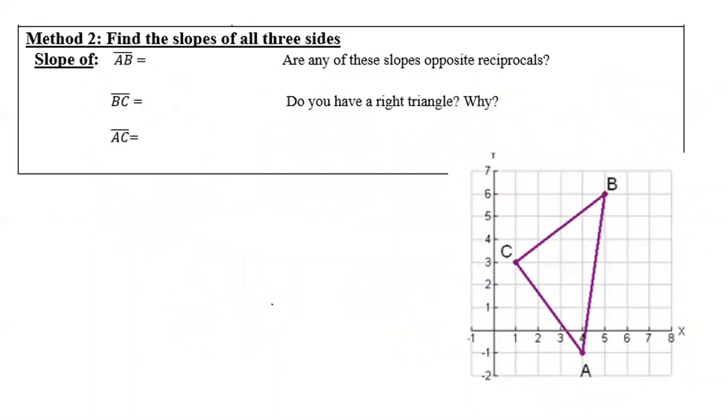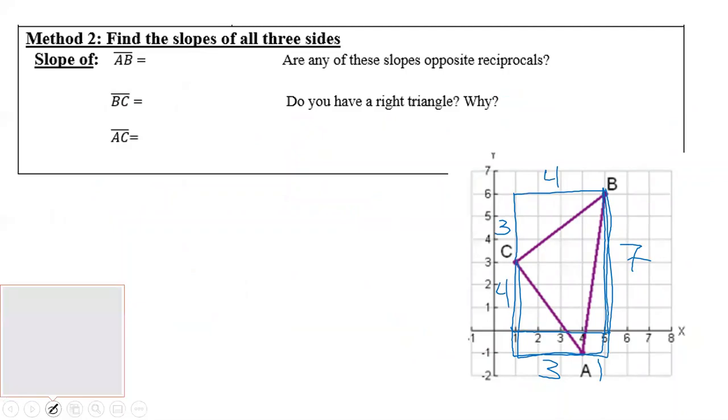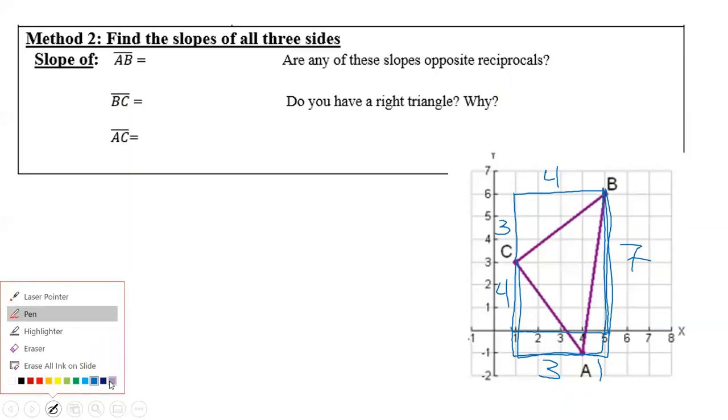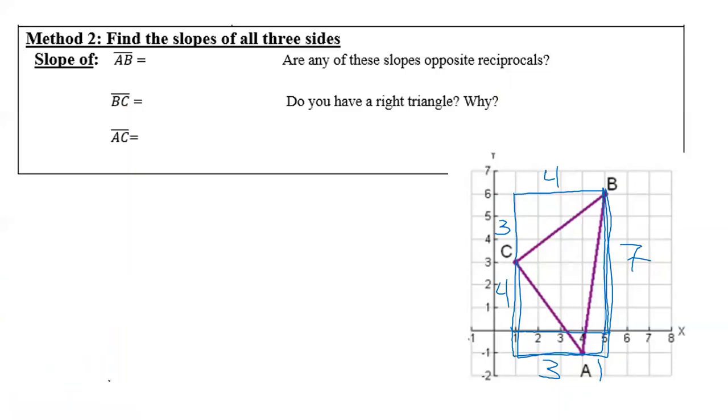Okay, so I'm going to go ahead and redraw my rectangle here. So this is 3, 4, 7, 1, 3, 4. Now we're finding slopes. So the slope of AB. Going from A to B, rise over run, right?